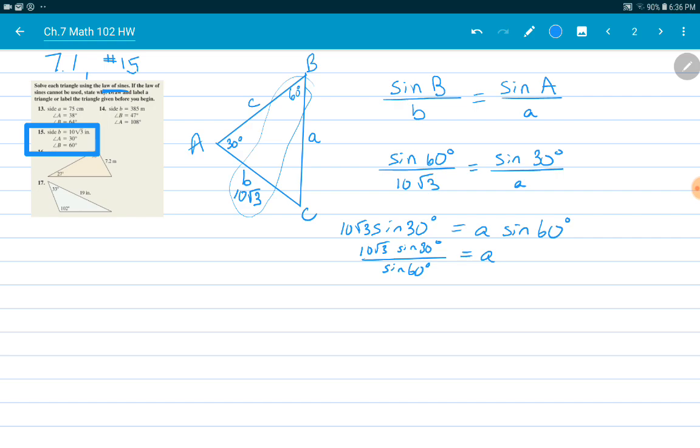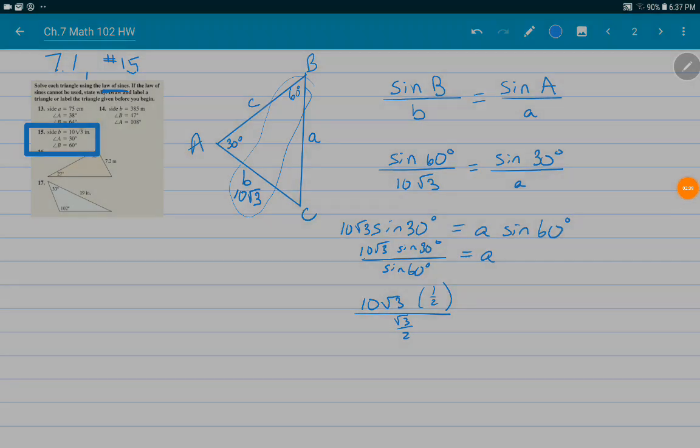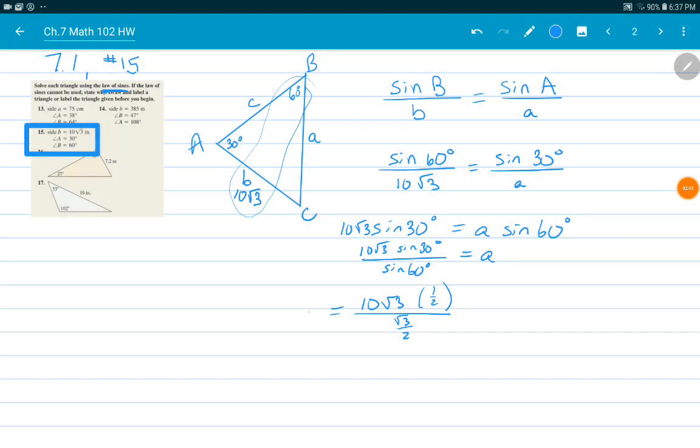Now, since 30 and 60 are special angles, I can use my unit circle to find that sine of 30 is actually 1/2, and sine of 60 is radical 3 over 2. I'm going to put my A over here just because I like A on the left.